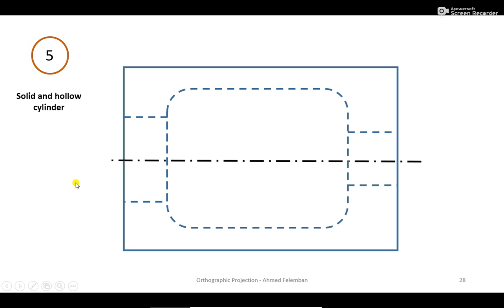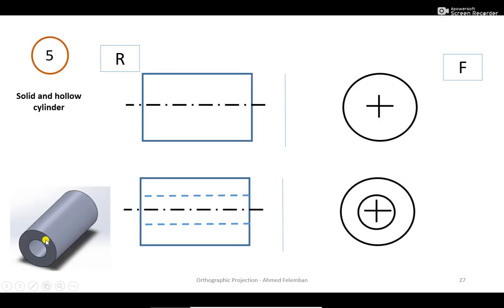Now, how about this? I'll give you some time to see what this is. This is also a cylinder, but this cylinder has different holes inside it. You can see a parallel dash line, then another, then again parallel dash lines. So this cylinder has a hole, but not a straight hole.